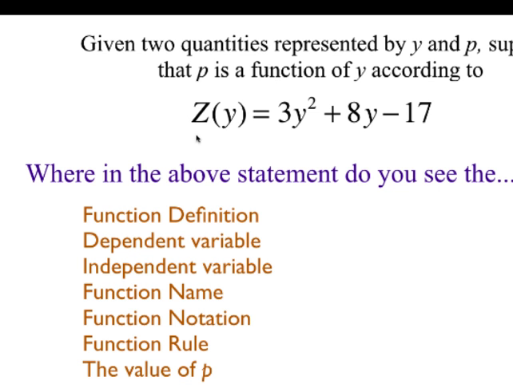The whole thing? That whole thing is the value of P? He wants Z of Y. Agree with that? It could also be the function rule as well, right? So P is Z of Y. P is also 3y squared plus 8y minus 17. Either or, but not the whole thing, right? The whole thing is the equation, but either side on its own is the value of P.